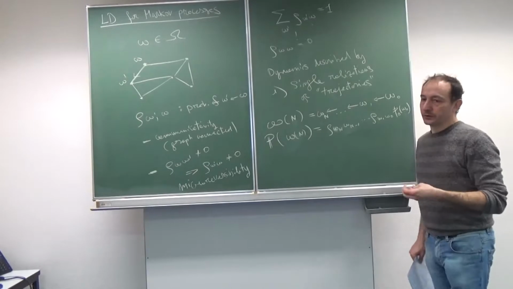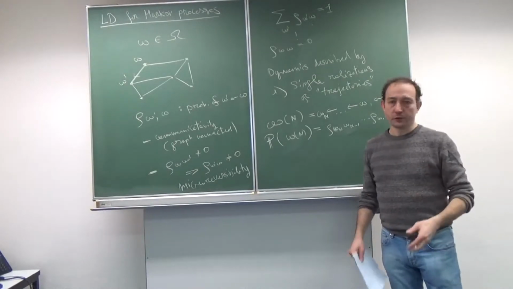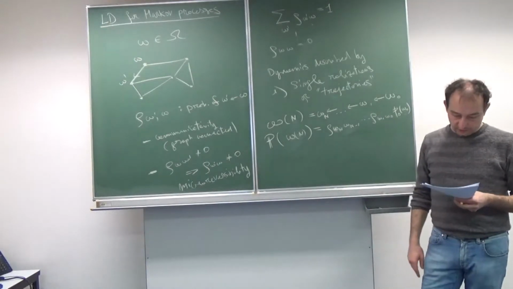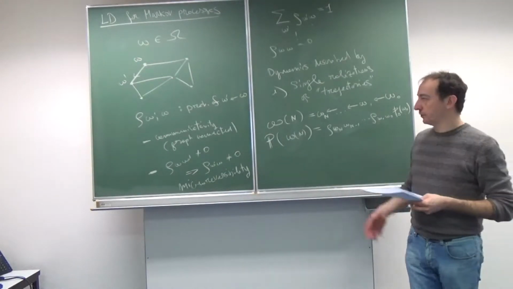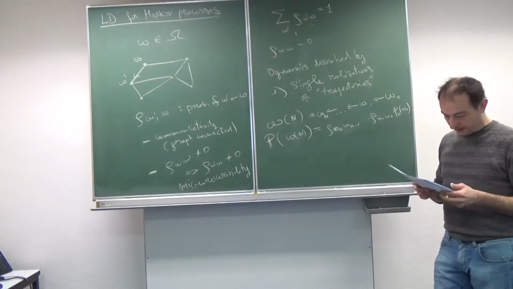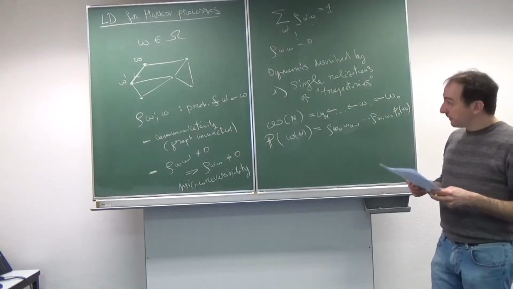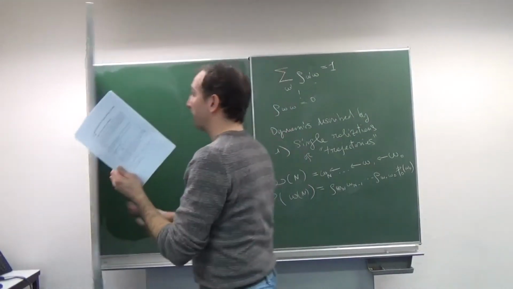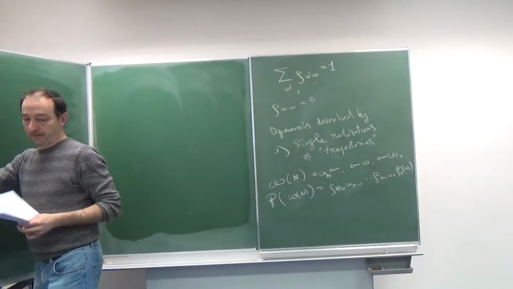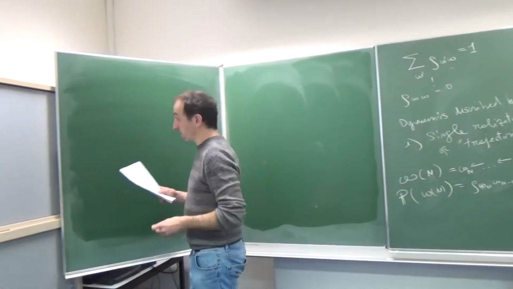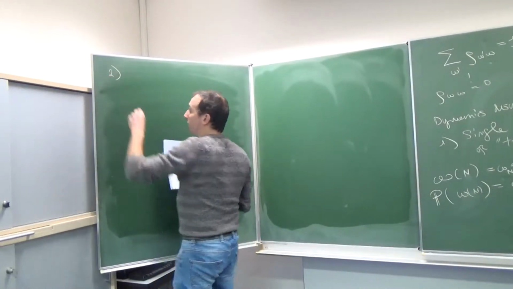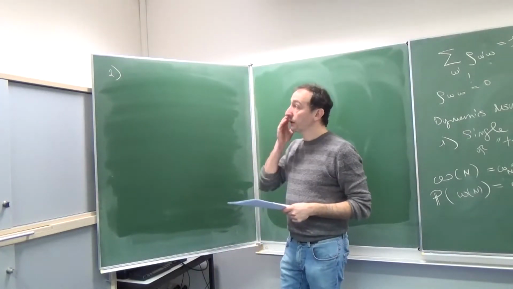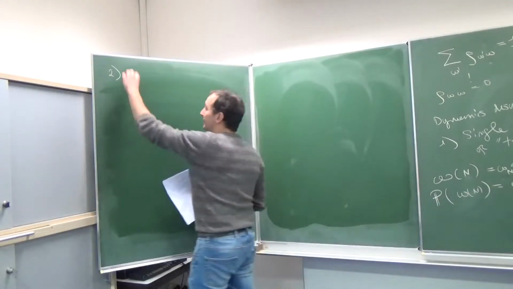In principle, if you want to calculate the probability of this observable, we should take marginals of this probability. But this is a difficult task in general, so we will have to develop some tools. Okay? A different way to describe the process: instead of describing it trajectory by trajectory, we can otherwise look at the diffusion equation, let's say.